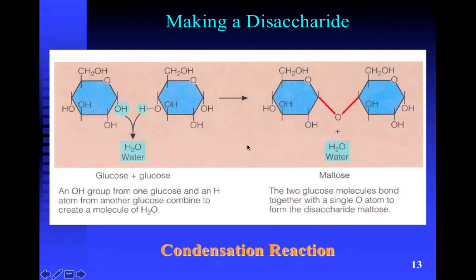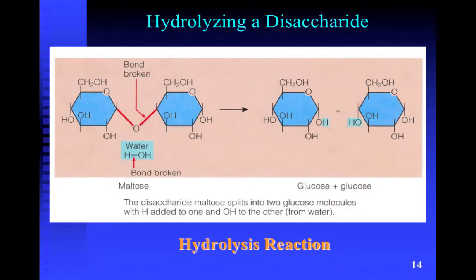Okay? And again, if we want to break that, it takes an enzyme. And hopefully, no surprise, that enzyme would be called maltase. We'll talk about that in a few minutes. This is how you hydrolyze these disaccharides. Remember, these are covalent bonds, so in our body it generally requires an enzyme. The enzymes need electrons. They can use the electrons from a water molecule to do this.